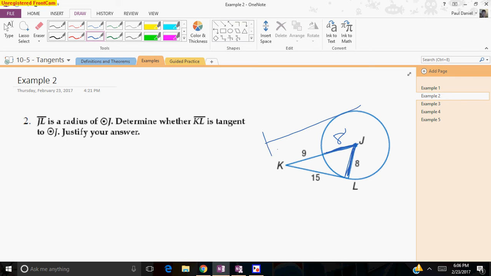This side KJ is going to be 9 plus 8, or 17. So I have 3 sides of this triangle, 8, 15, and 17. We can check to see if this is a right triangle by checking to see if the Pythagorean theorem holds. So we're going to say 8 squared plus 15 squared is going to equal 17 squared.